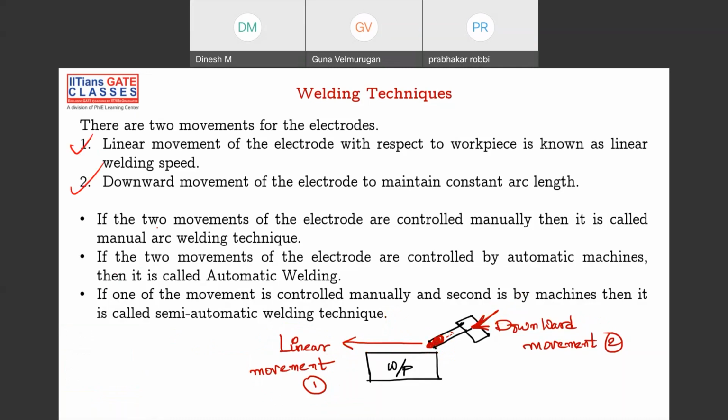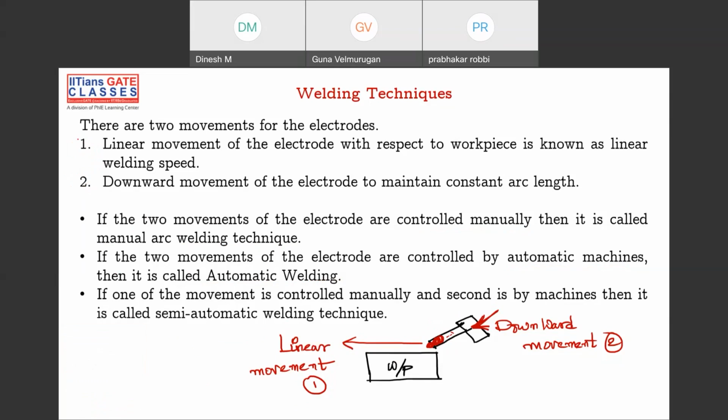Now, if these two movements are controlled manually, if you're doing it manually, then that is known as manual arc welding. Both this movement and this movement are controlled manually by a human, then it is called manual arc welding. If both movements are controlled by machines, then it is known as automatic welding.